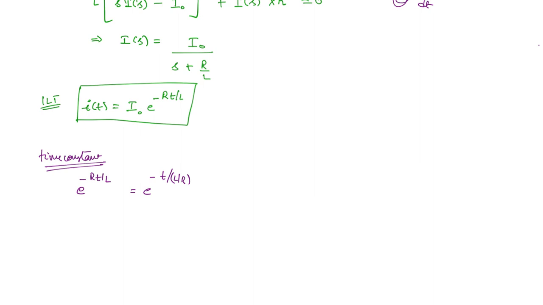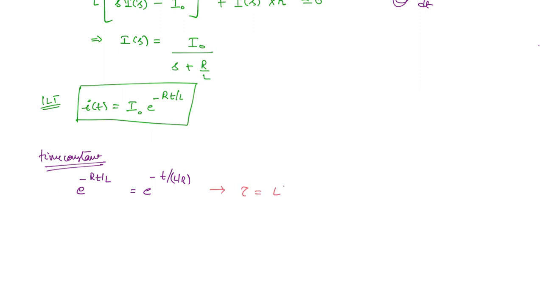Basically time constant is nothing but a value of time only. And that value of time should have the units of time. See, this exponential should always have a unitless power. So if seconds is in the numerator, in the denominator also there should be seconds, so that the entire power is dimensionless. So this is a basic high school concept. You can remember it.